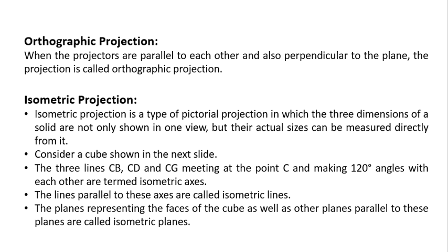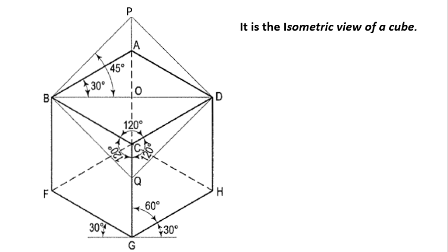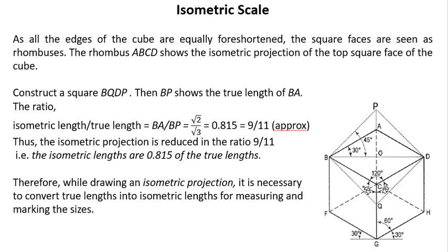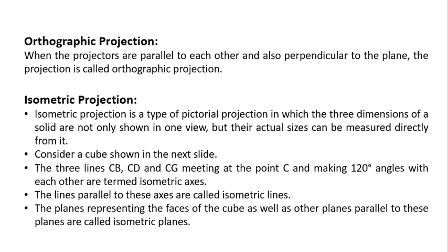The lines parallel to these axes are called isometric lines. Similarly, the planes representing the faces of the cube as well as other planes parallel to these planes are called isometric planes. You can see in the figure, the planes A, B, C, D and C, F, G, H are both parallel, so they will be called isometric planes.